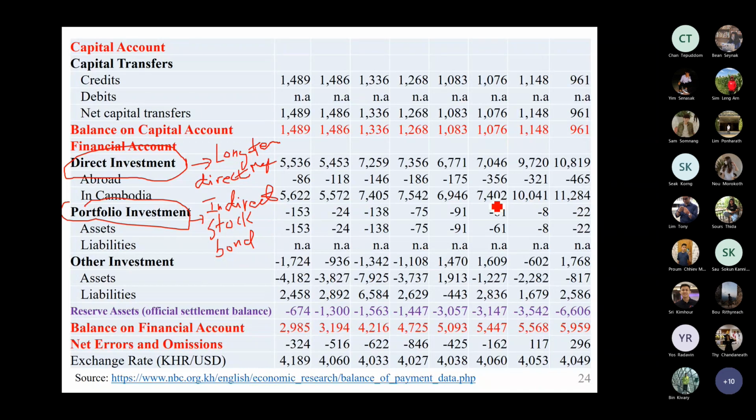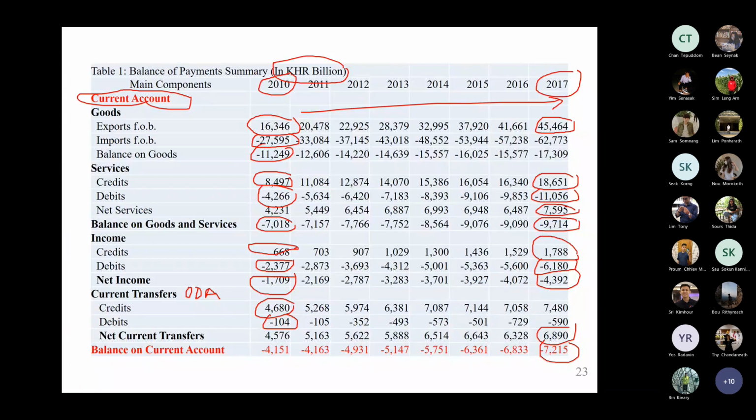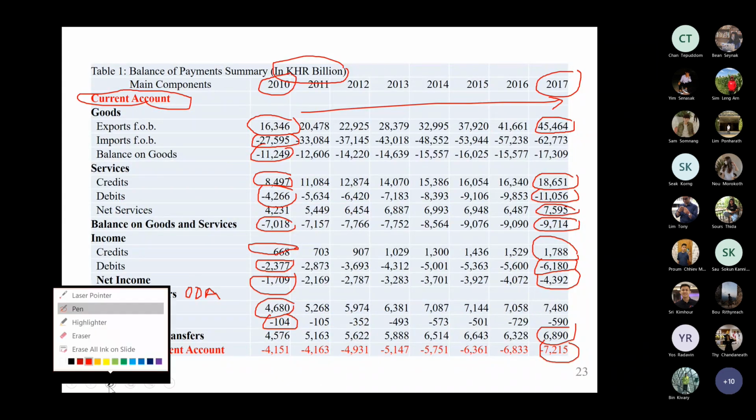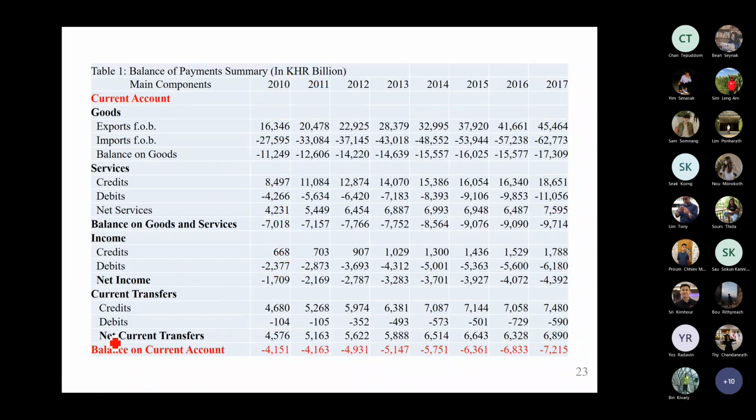So the last thing we can check, in order to make sure that it equals 0, let's go back and let me clear this up. We will take the balance of each account. Let's say in the year 2017, the balance in the current account is minus 7.2 trillion.